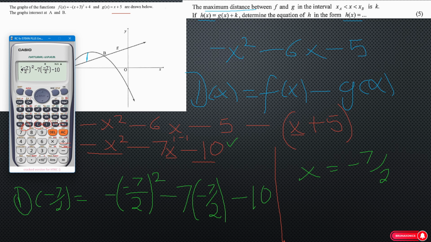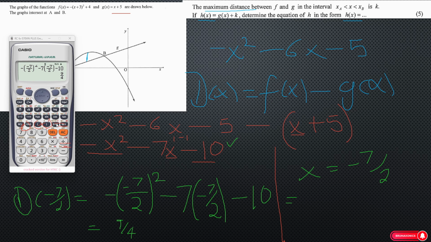I don't know if I punched everything correctly, but I hope that I did. Negative 7, negative 7, and then we get our value there. So this is equal to 9 all over 4.